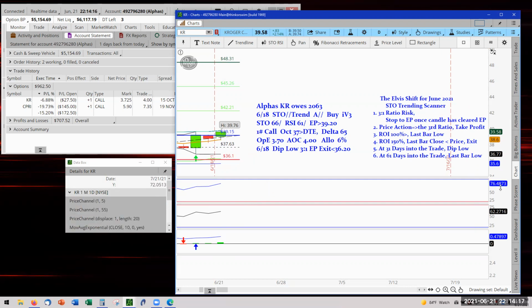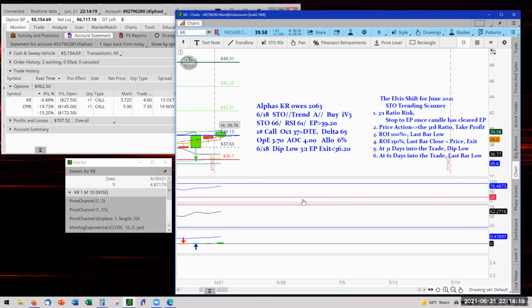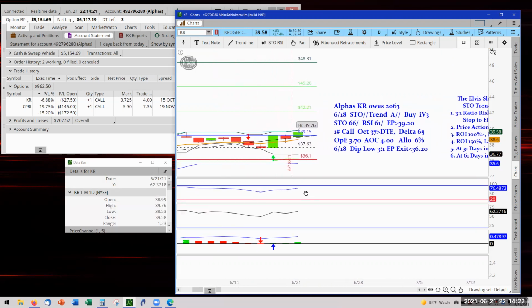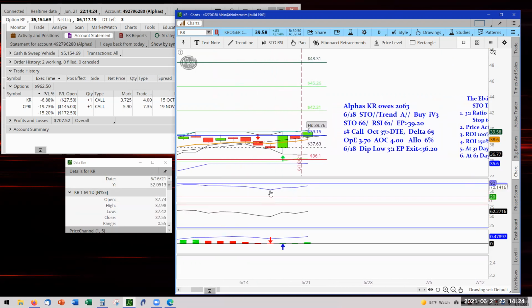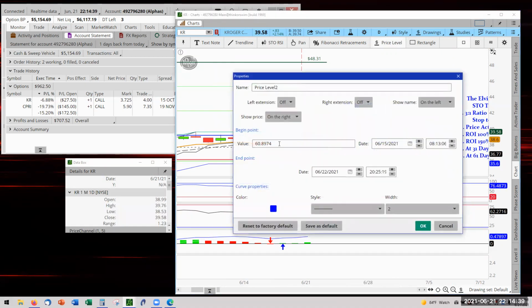Now, why the scanner did not find the KR last week was that the day we ran the scanner, it came up with nothing, and yet I saw all the right conditions. I failed to remember that there's another rule in the scanner, and that rule is that stochastics has to be below STO entry.